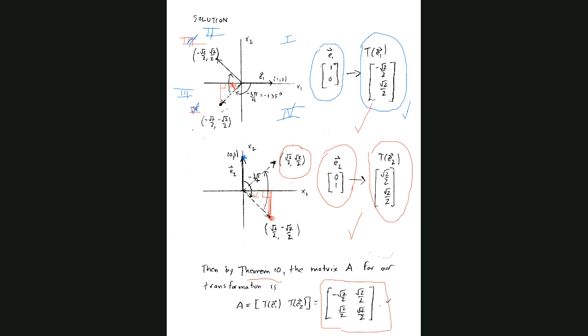All right, that being said, I want to talk a little bit about section 2.1. Section 1.10 is actually a very nice section. It deals with models in business, science and engineering.